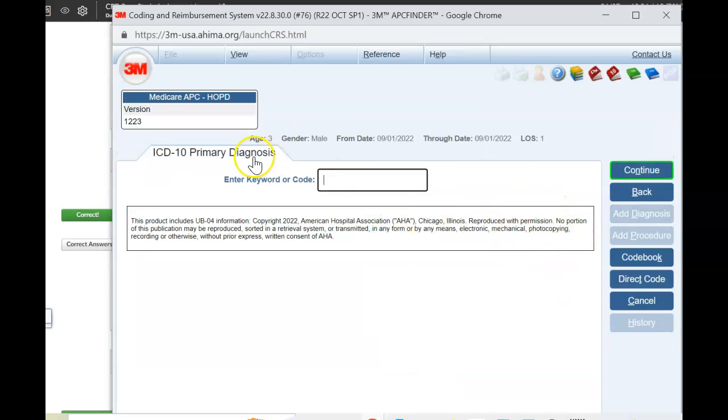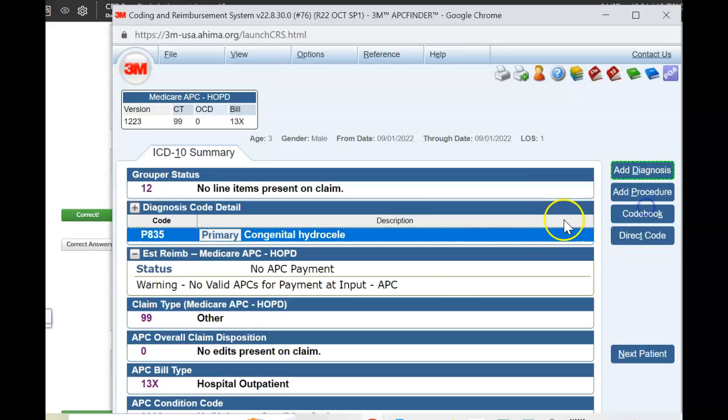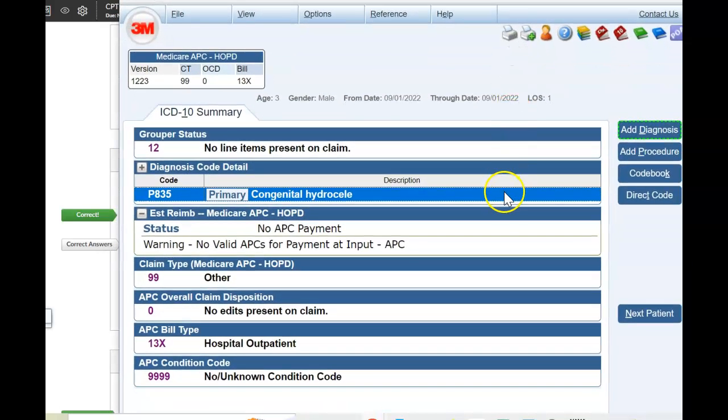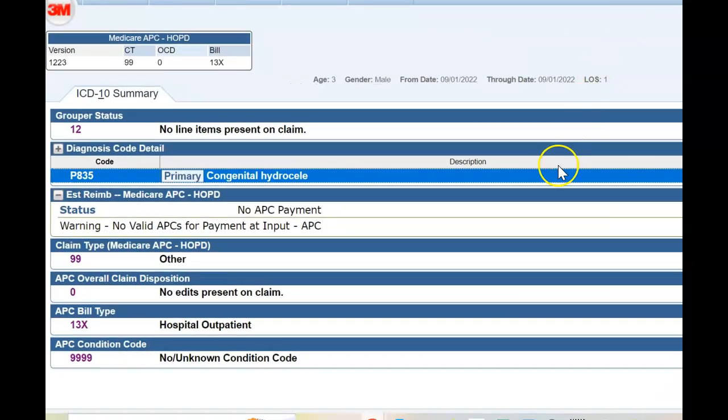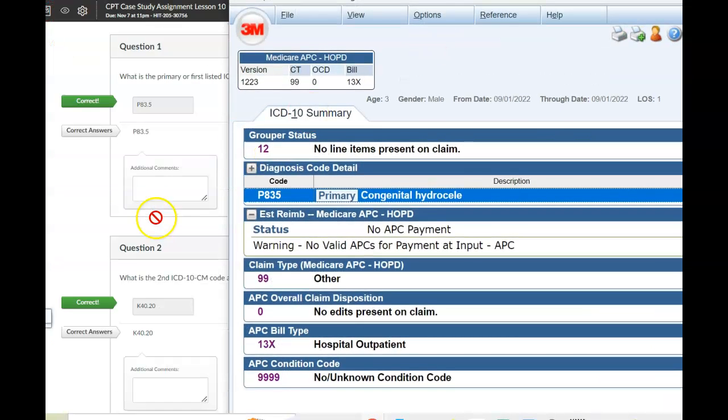We're going home. Primary diagnosis, P83.5, and this is the start of our APCs. See if I can make this a little bigger here, which is our congenital hydrocele. So also let's look at our other diagnosis.